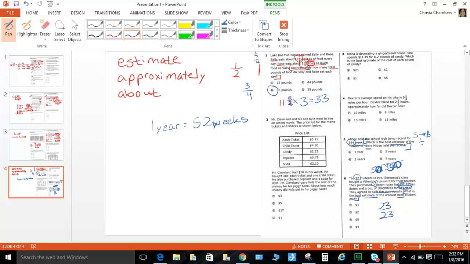So what do you think? Is that closer to $13 or closer to $14? Right, that's closer to $13. So they also bought a box of chocolates. So let's add that up to see how much they spent on their Valentine's Day present.